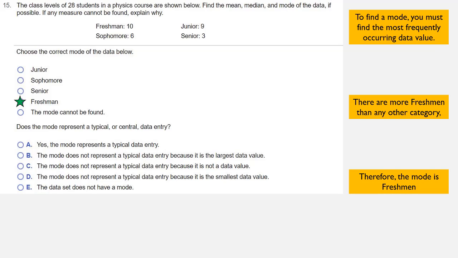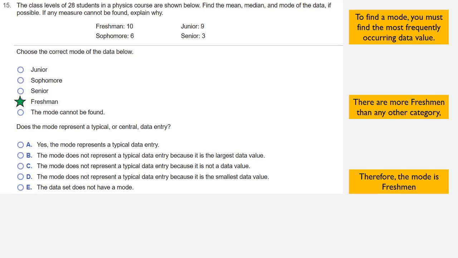So for the second part, does the mode represent a typical or central data entry? When we look at our choices, the answers that are given talk about being the largest data value or the smallest data value or not being a data value. And because we have nominal data, you can't be the largest value and you can't be the smallest value because there's no quantitative component.